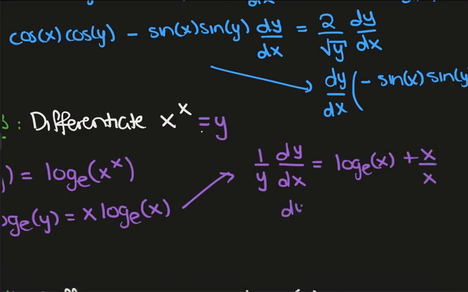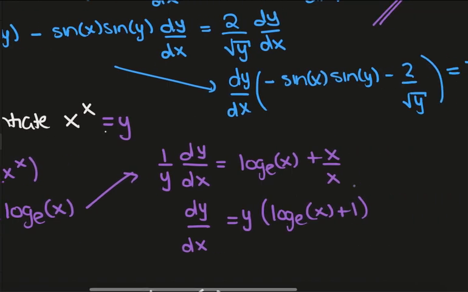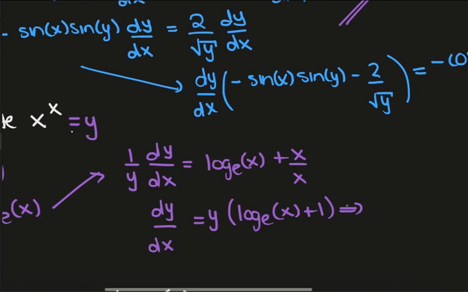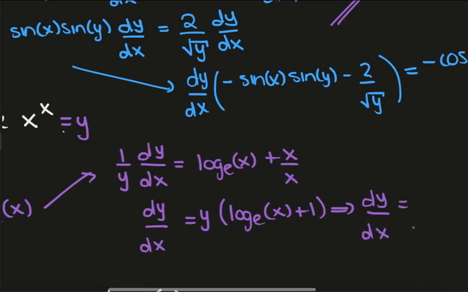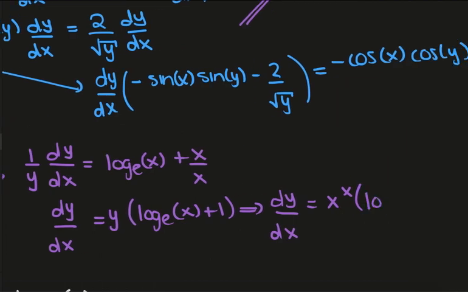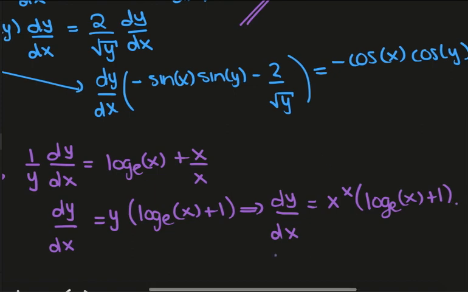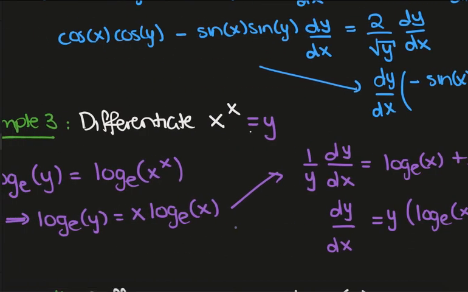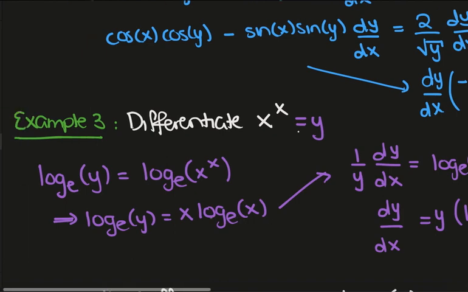So what I find is that dy on dx is y times log e x plus 1, and we know that y is x to the x, so we conclude that dy on dx is just x to the x times log e x plus 1. So it's a very powerful technique for differentiating quite complicated functions.